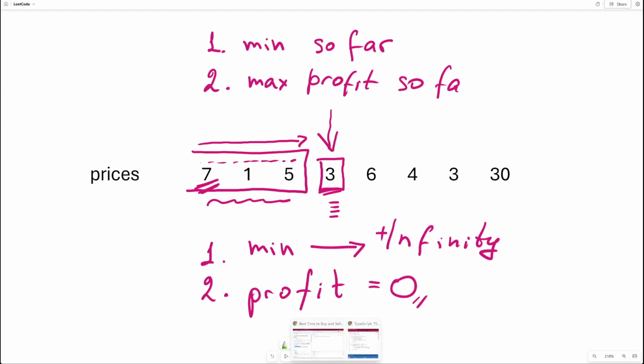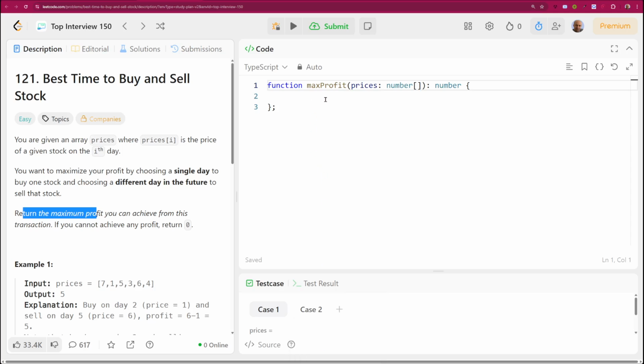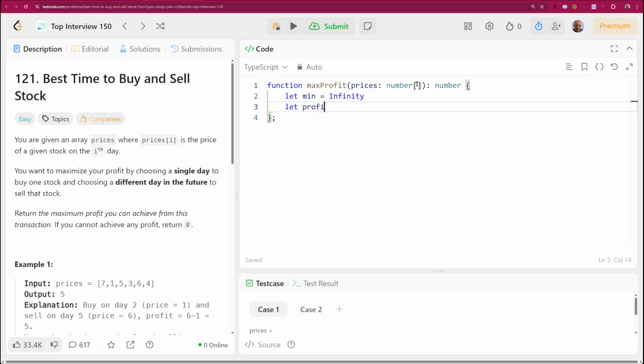We'll see if we can implement this. So we said let's have two variables. Minimum price would be plus infinity. We don't really need this plus, this is just for mathematics. And then maximum profit so far, we said we'll set this to 0.